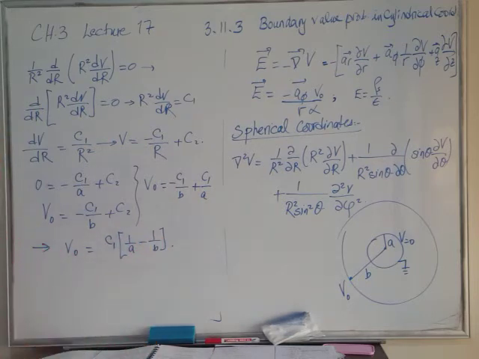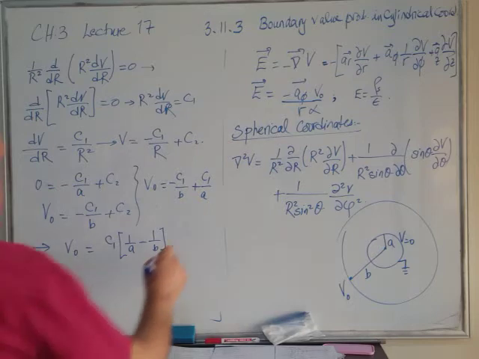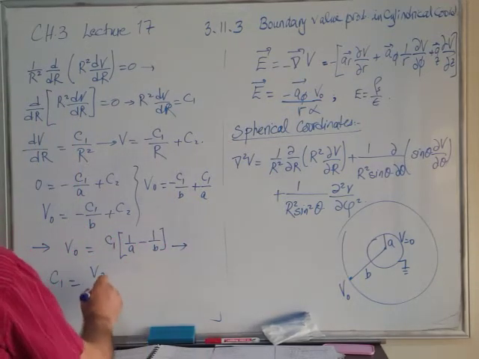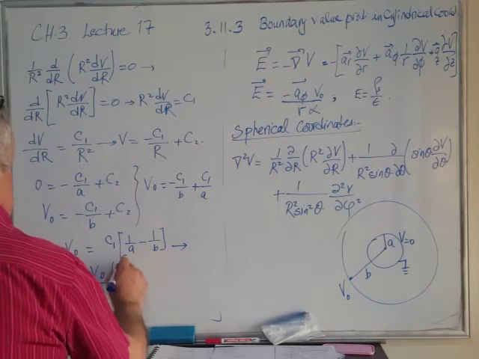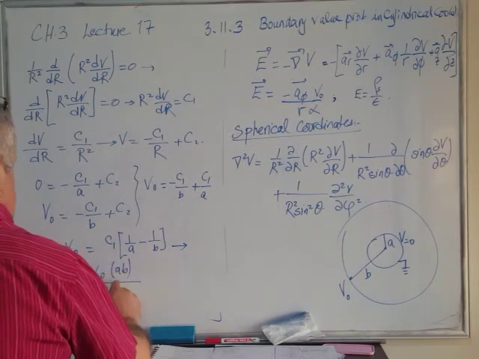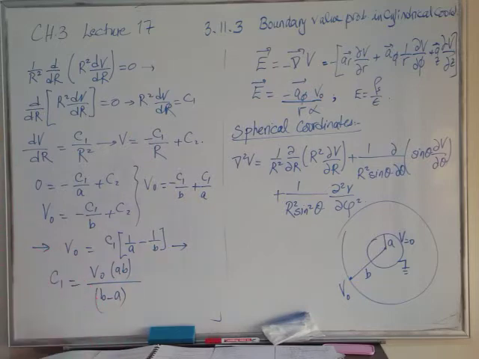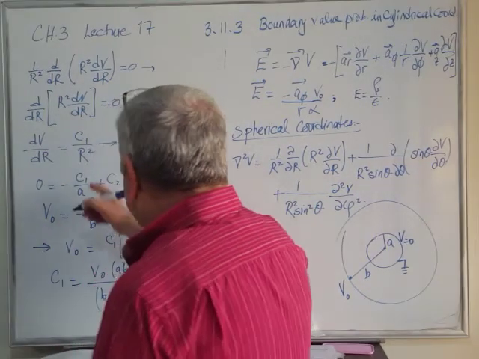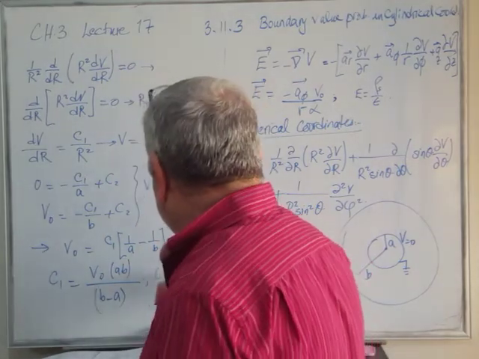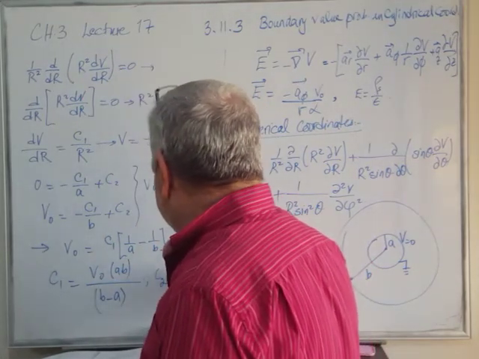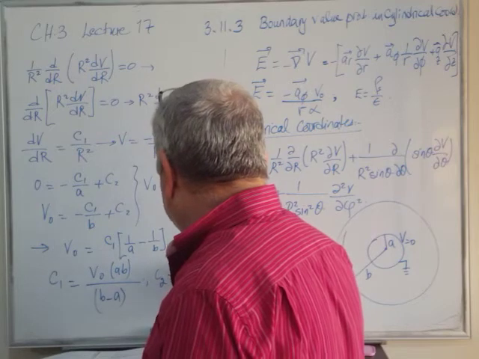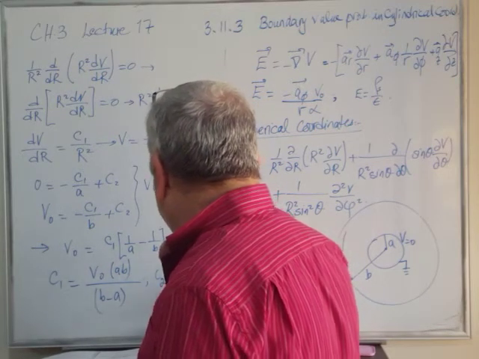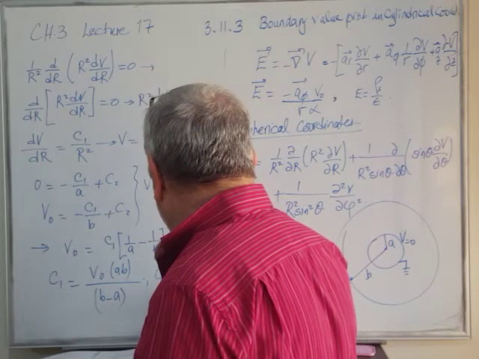That is a relation. So c1 is V0 over this. It will be ab here and b minus a down there. That will be c1. Now c2, you can find it from here. c2 is equal to c1 over a, so it is V0 ab over a into b minus a.